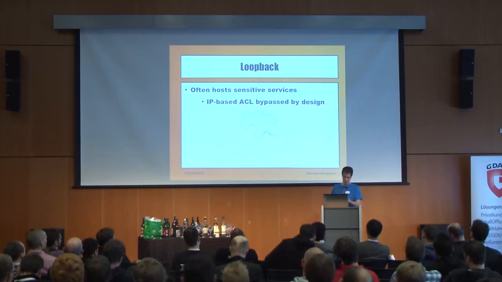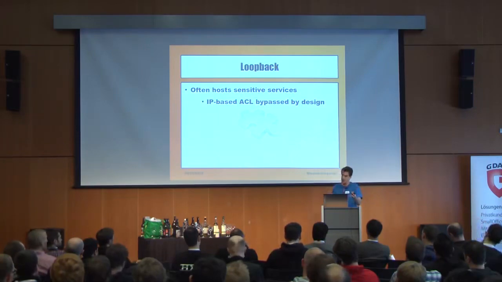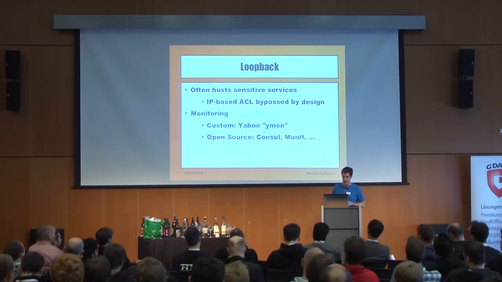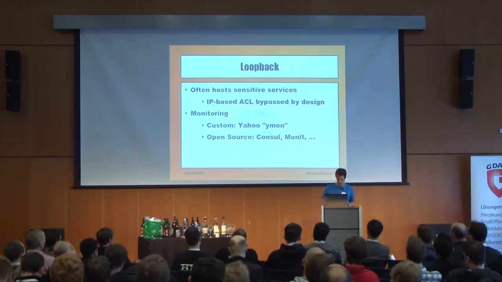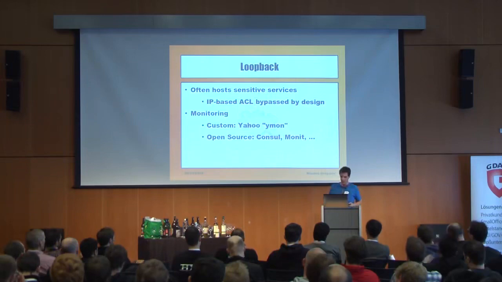Or on Ruby on Rails, you can access the web console, which is limited to loopback, and you have this kind of behavior. Apache, you can reach server-status only from the loopback. So it's very interesting to be on loopback. And then you have a lot of, for example, monitoring services. Yahoo has a custom web service that I compromised a few times. And you have some open source solutions.